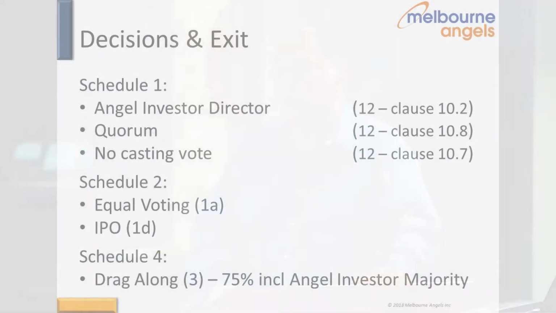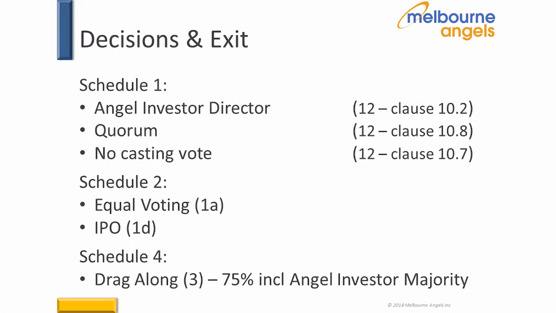Now in Schedule 2, which is simply the listing of the shares and the description of the class or category of shares that we get, an important point is that our shares vote equally with all the other shares in any general vote by the members of the company. So again, we're not trying to pervert the normal decision-making process.